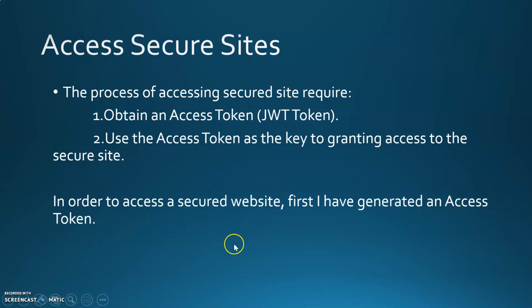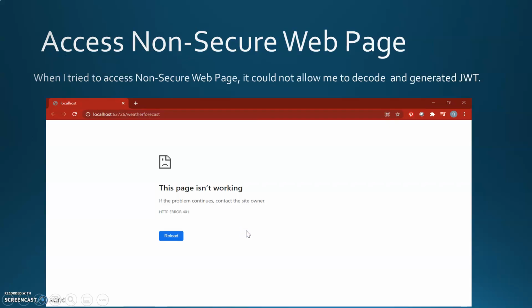In order to access a secure website, first we have to generate an access token. In this assignment, I have tried to access a non-secure web page that is supposed to retrieve the weather forecast. It couldn't allow me to decode and generate the JSON Web Token.